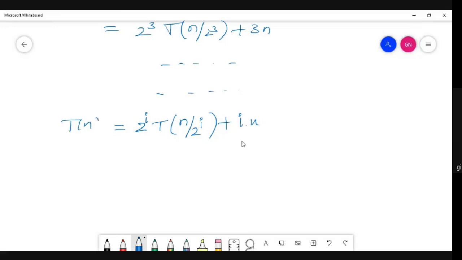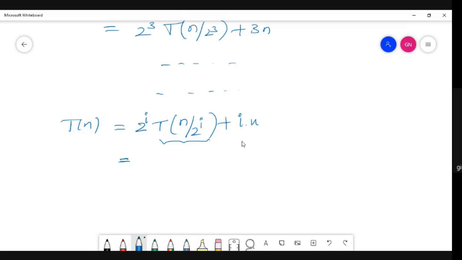Can I just take like this? Surely I can take. Yes. Now I have to substitute in such a way that this term will become 1, right? How can I do this?